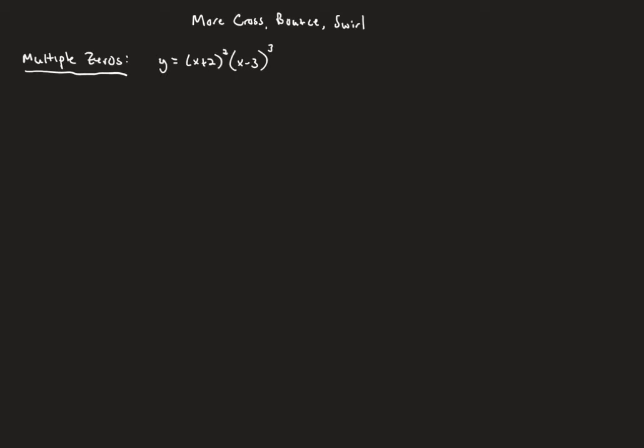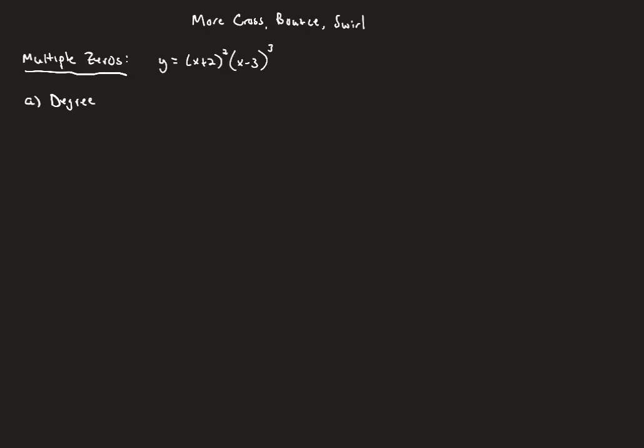When we see a polynomial like we have written here, y equals (x plus 2) squared times (x minus 3) cubed, we talked earlier about this idea of degree, that the degree of the polynomial is the same as the exponent on the highest power of x.